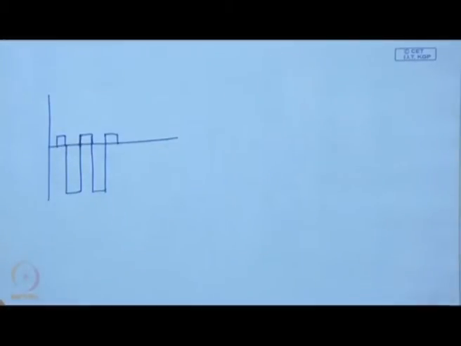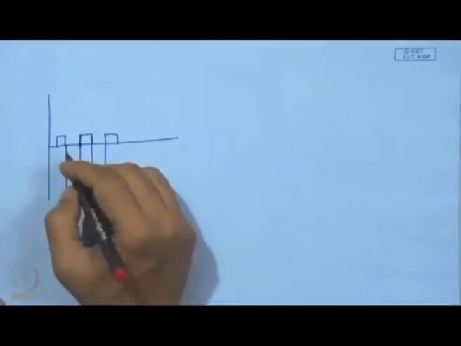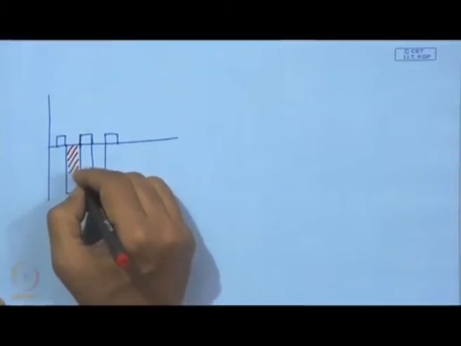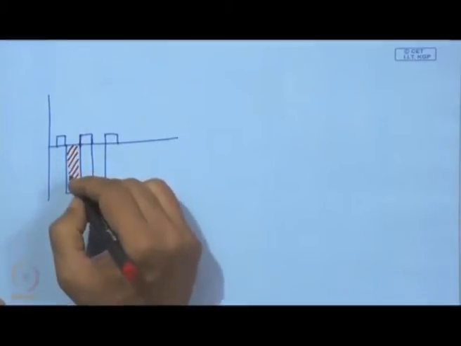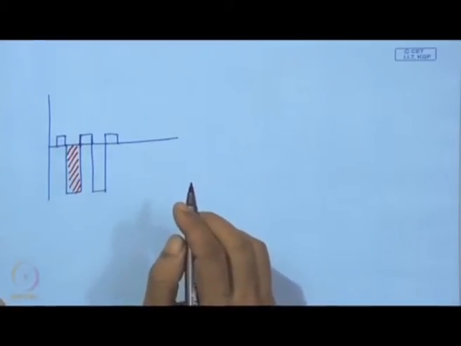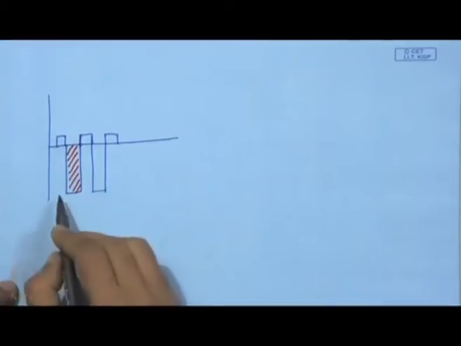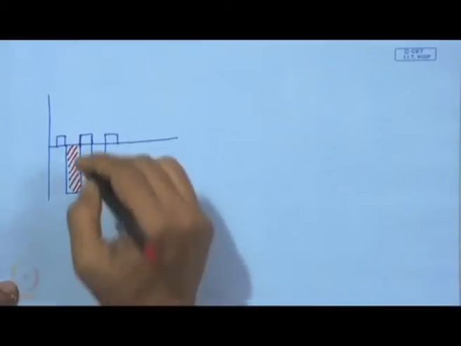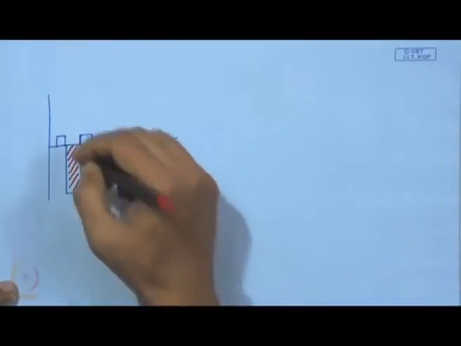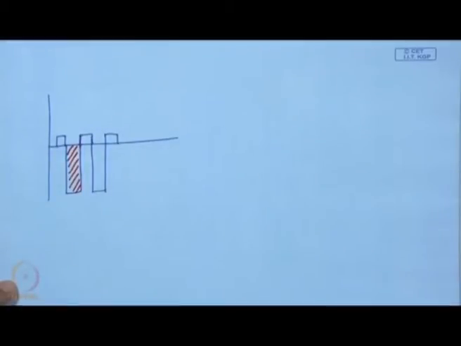So, this is the active part of the whole cycle, that means the target cathode is negatively polarized and this side it is positively polarized.